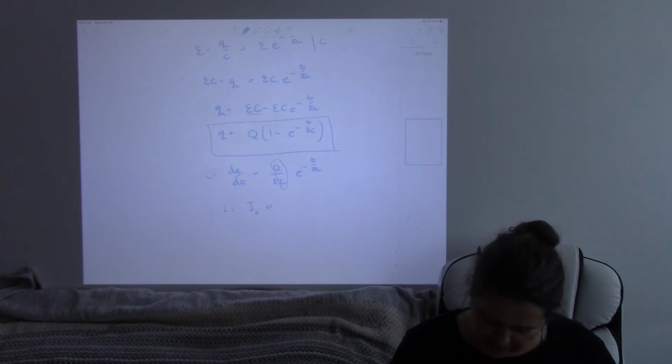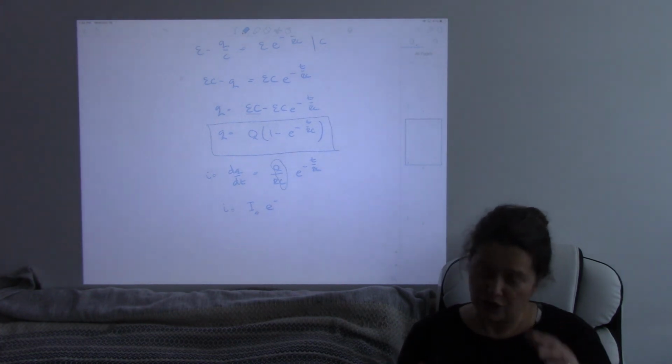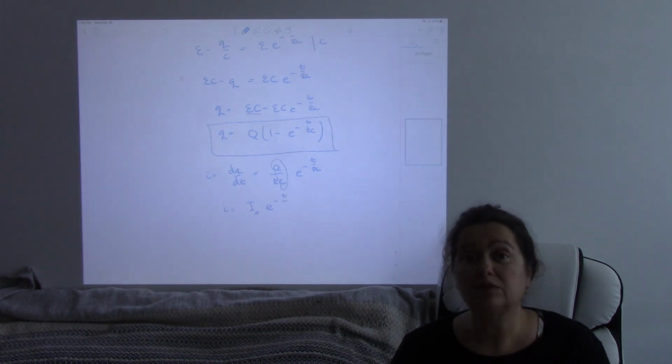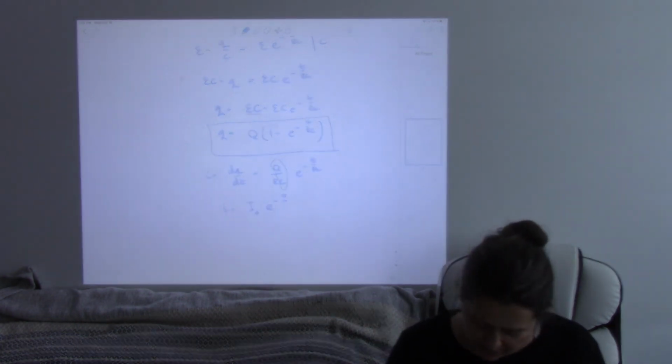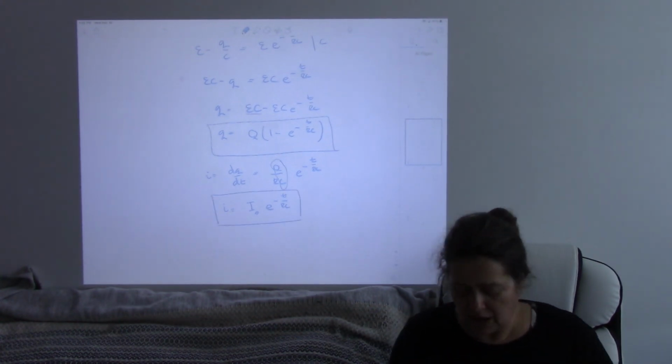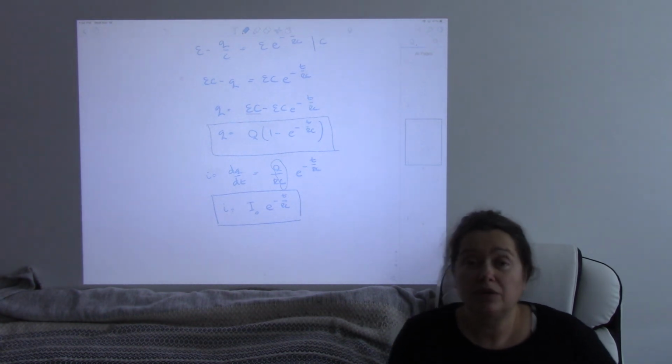As it decays in time, as the capacitor is charging, there will be more push in the circuit from those charges that are mounting on the capacitor plates. So this is the expression of your intensity here, and that's what we wanted to prove.